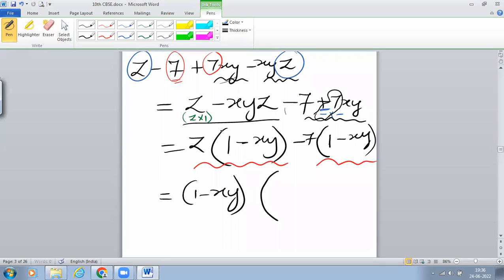If 1 minus xy is taken common outside, what is remaining here? z, and here we have to put minus 7. So this is the factorization of the question. We got the final answer as 1 minus xy into z minus 7. So we have expressed the given expression as a product of two simple expressions. This is one expression into this is another expression. This is called factorization.